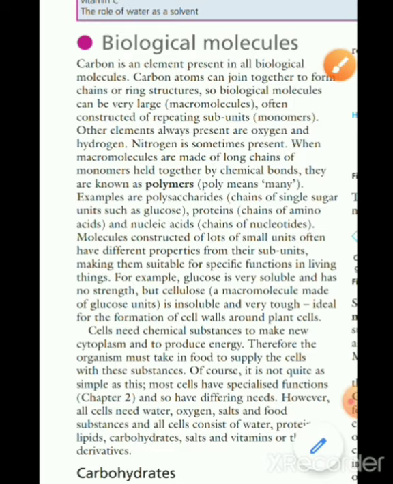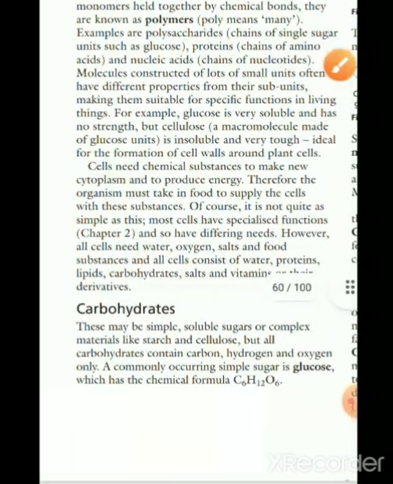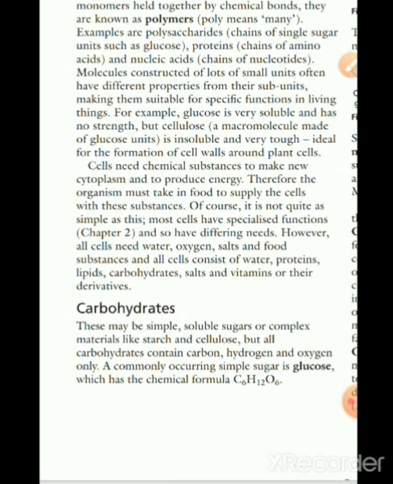Okay. Now, the next point is that cells need chemical substances to make new cytoplasm and to produce energy. So cells have to do different activities. To meet every activity, they need some supportive material such as glucose, protein, vitamins, and other things. In that case, lots of monomers or biological molecules have to combine with each other, and they could attain different shapes in different combinations.